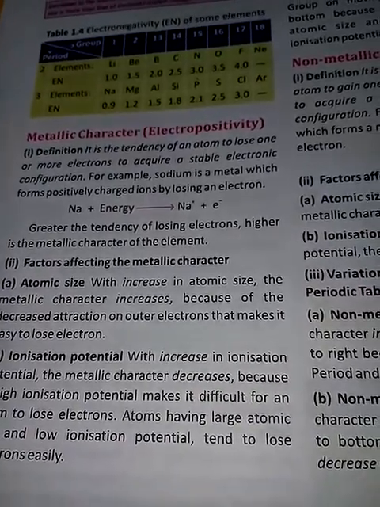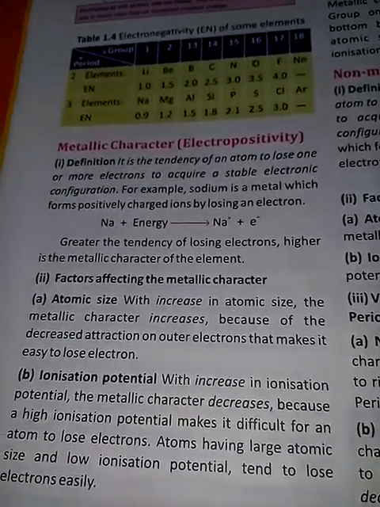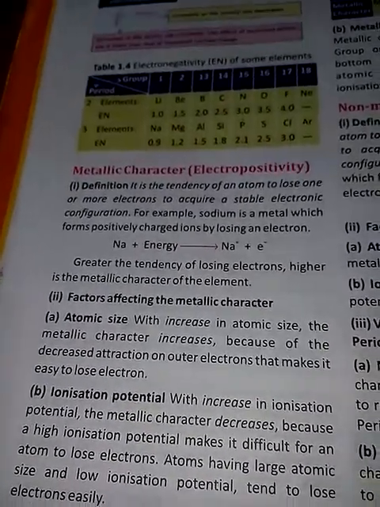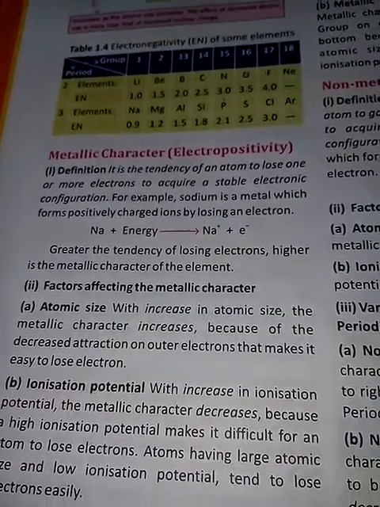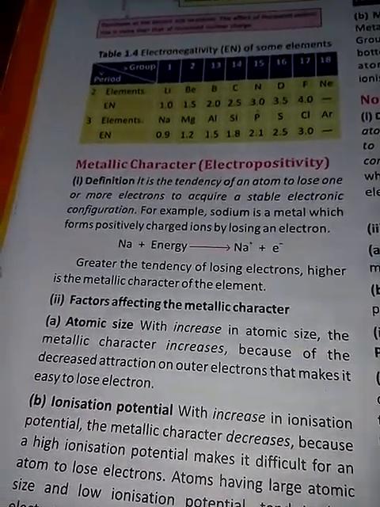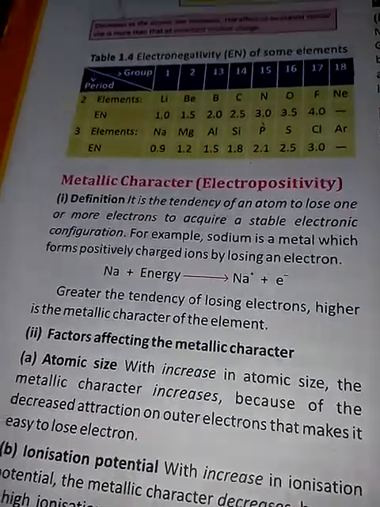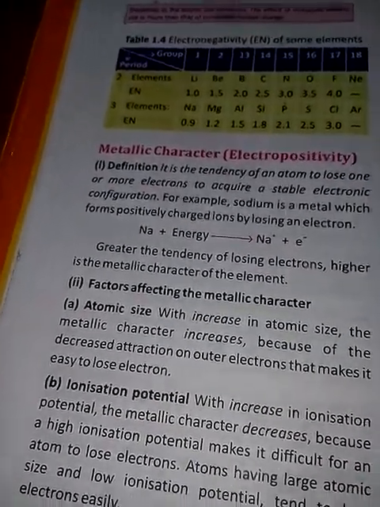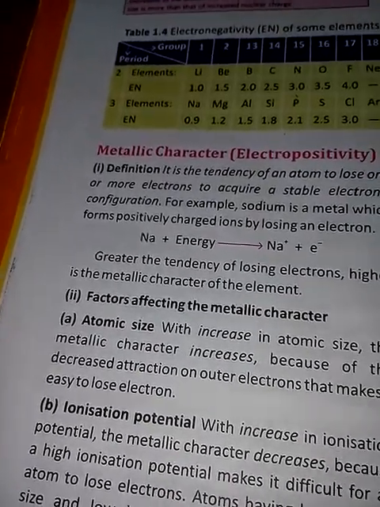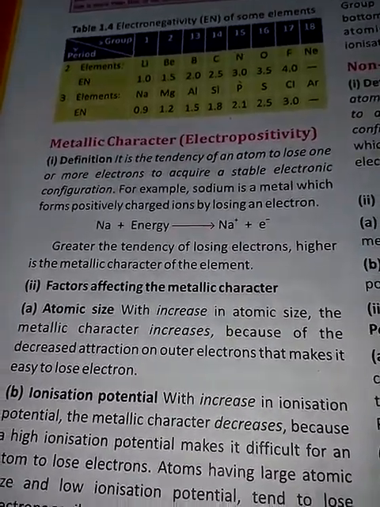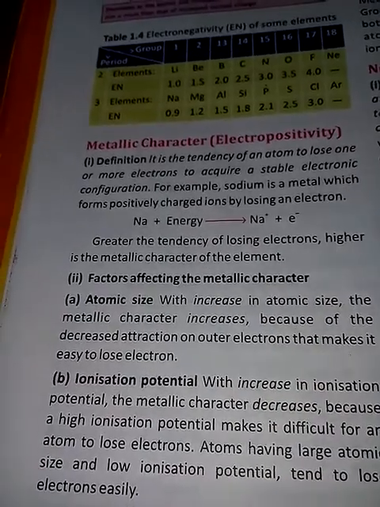That is the tendency. In electronegativity we saw the tendency to accept the shared pair of electrons, but in metallic character we see the tendency to lose electrons. Here there is no sharing of electrons, rather losing of electrons. Understood?